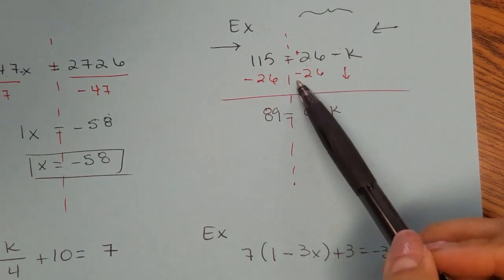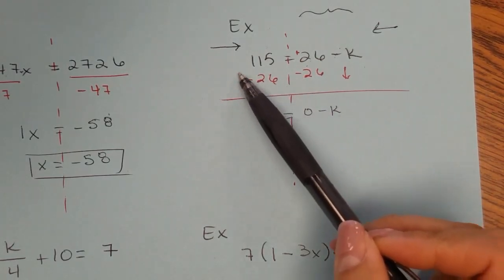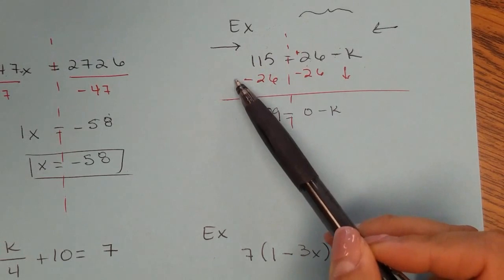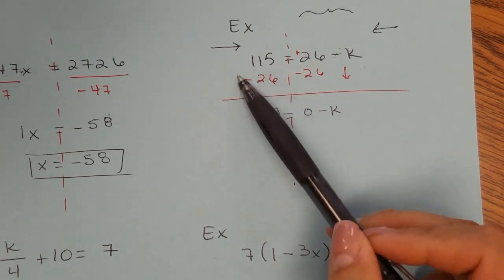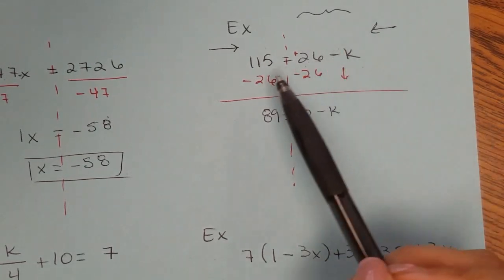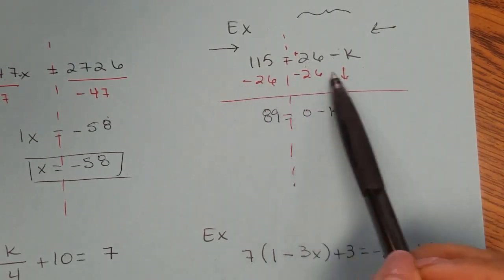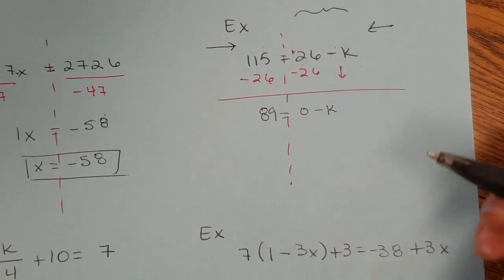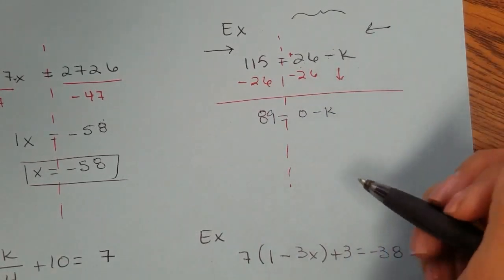Another mistake that you guys will make is that you'll subtract this here and you'll think it's like 115 minus negative 26, and you'll plug it into your calculator and it'll add those two. Don't do that, okay? You only ever want one sign down here on the bottom. Don't ever use more than one sign when you're working with these.